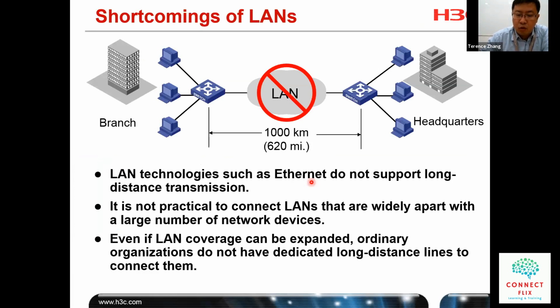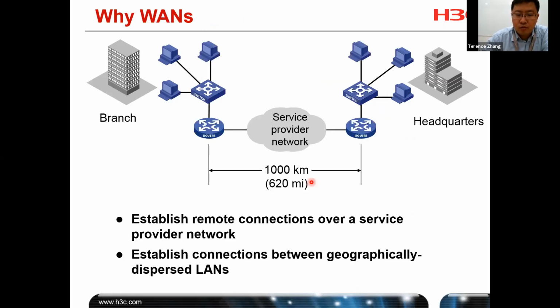But in order to transmit between cities and between provinces, developers came up with the concept of the WAN. So the transmission distance is measured in kilometers, compared with LAN. This is why WAN was developed.